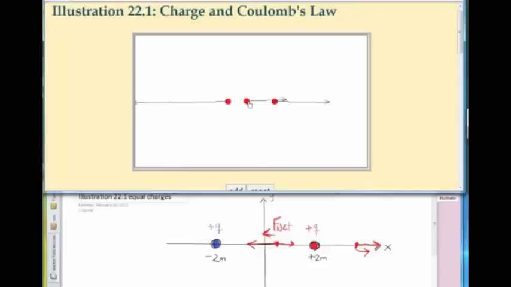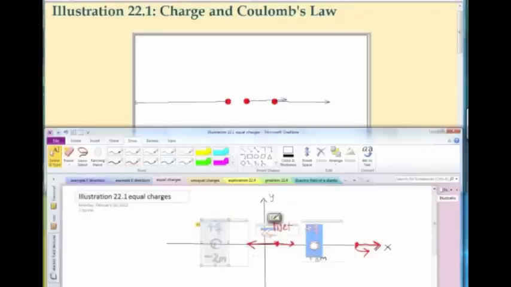Once you move to the left, now you're over here. The repulsive force due to the charge on the left is a big vector. The repulsive force due to the charge on the right is a smaller vector. And therefore your net force is going to be a vector pointing that way. That will be the net force when you are to the left of the middle point.